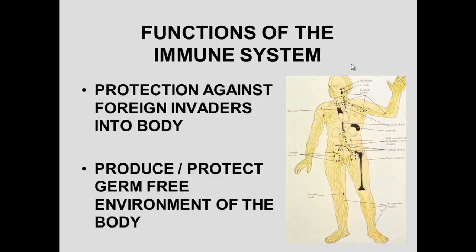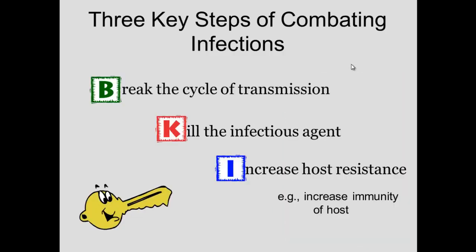So there are basically 3 steps in combating infection. One step is to break the cycle of transmission. You prevent it from getting into the body. A second way is to kill the infective agents, and third is to increase the host immunity.